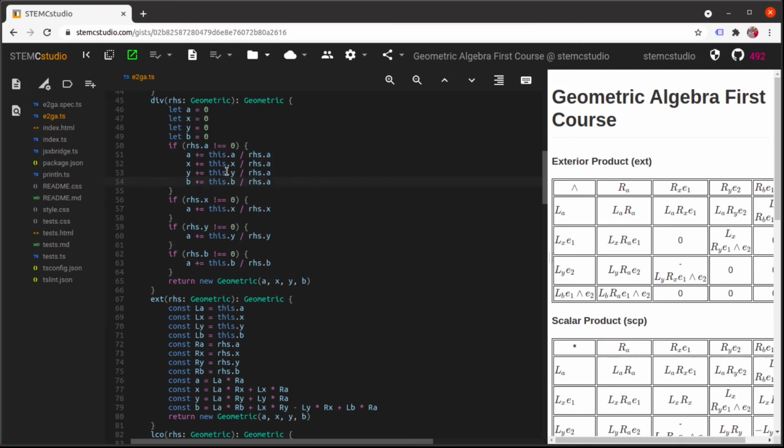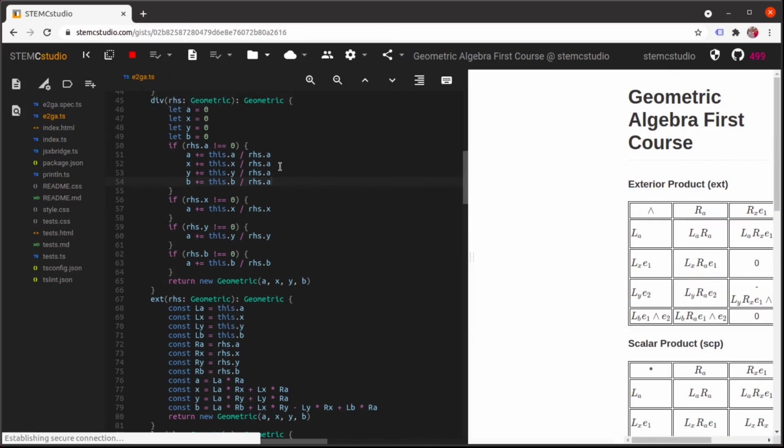That's what this whole block is doing. And then in general, we've also got the ratio kind of division. So a vector can be divided by another vector which is in the same direction, or a bivector can be divided by a bivector. So again, it's a very limited division, but it will work for us.